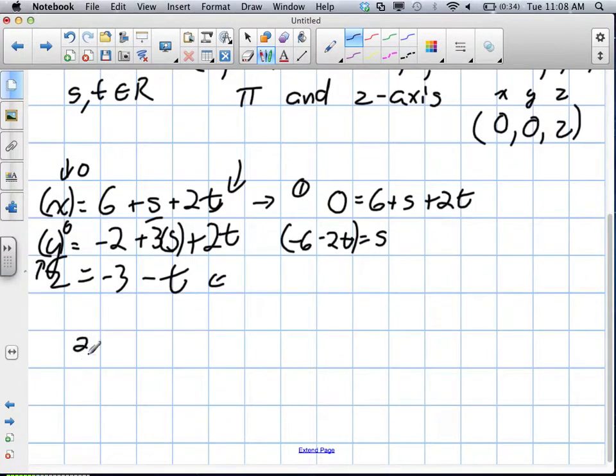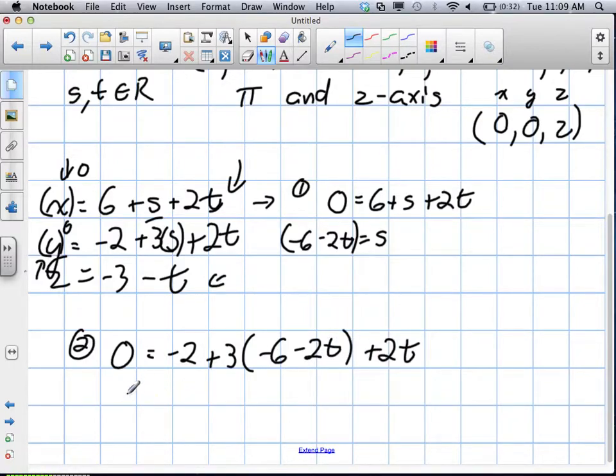Again, y was equal to 0 in that case. Negative 2 plus 3, we replace our s with negative 6 minus 2t, plus 2t.